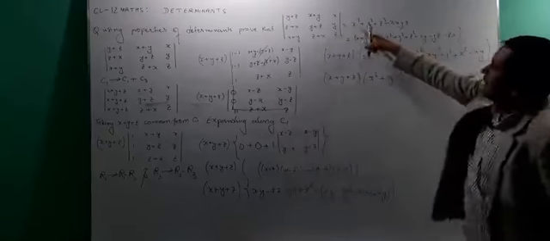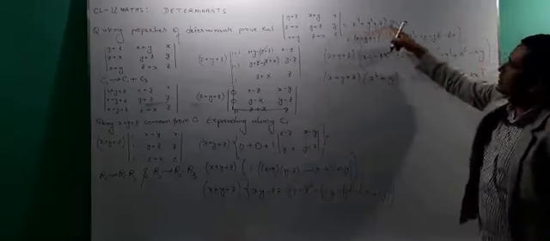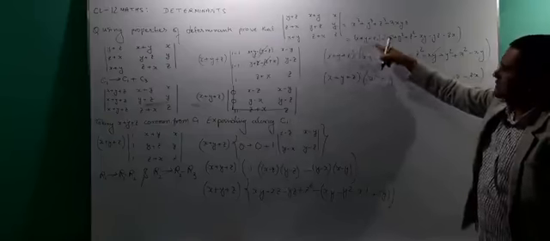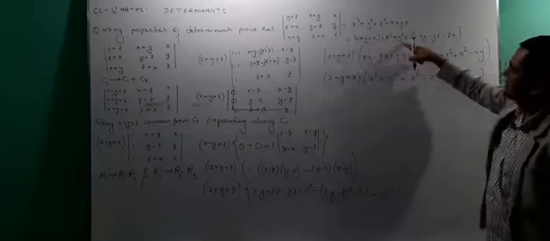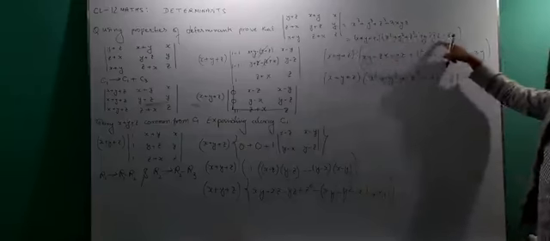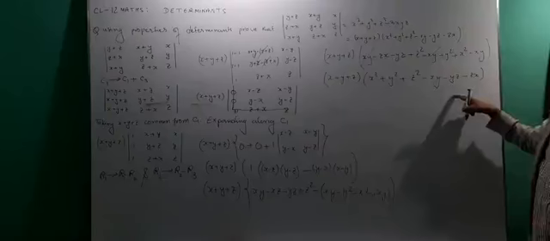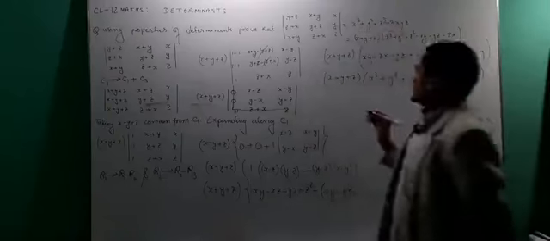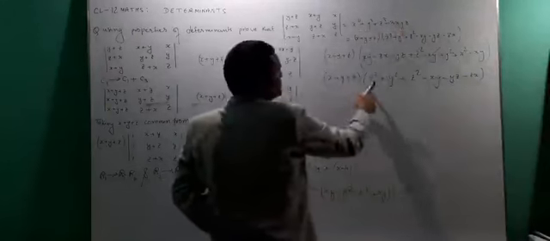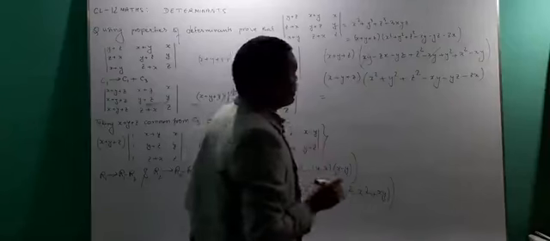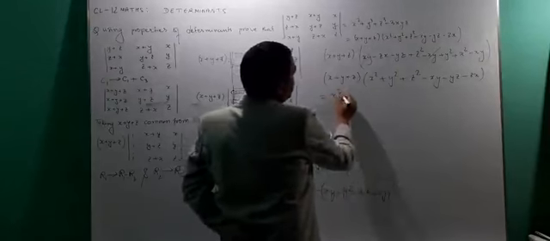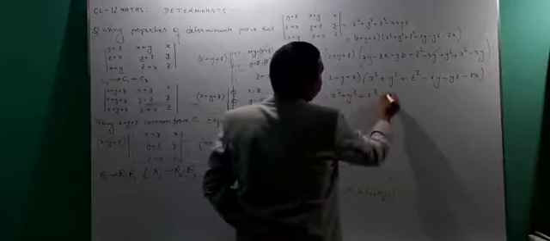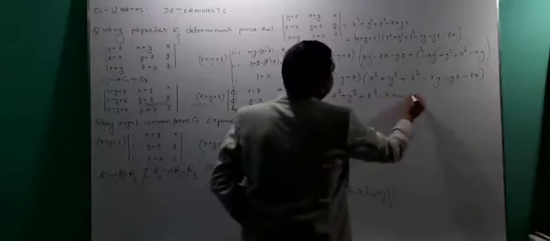Now look here. I already said x cube plus y cube plus z cube minus 3xyz means the product of x plus y plus z multiplied by x square plus y square plus z square minus xy minus yz minus zx. Now we got the same factors, and this equals this expression. The product of these two factors equals x cube plus y cube plus z cube minus 3xyz.